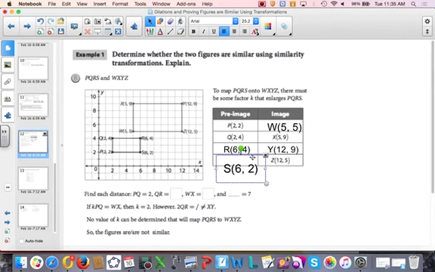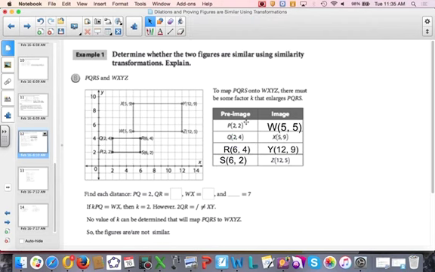So you're probably noticing that there might not be a nice, neat multiplication going on. Let's see. If I multiply my R and S x coordinates by 2, that works out really nicely here, but not for P and Q. Okay, so something else must be going on there.